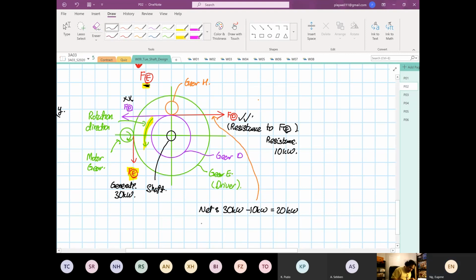And the net will be wrong if you say that it's towards the left. I'll tell you what's the problem. If it's towards the left, it's 30 kilowatt plus 10 kilowatt, which is 40 kilowatt.